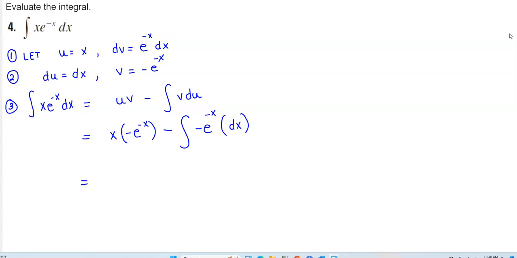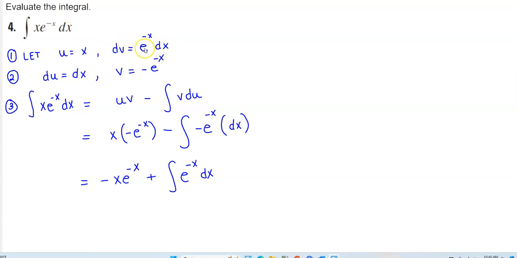So we're going to go ahead and then simplify. So we have negative x e to the negative x. Factor out the negative, times that minus is going to be plus e to the negative x dx.